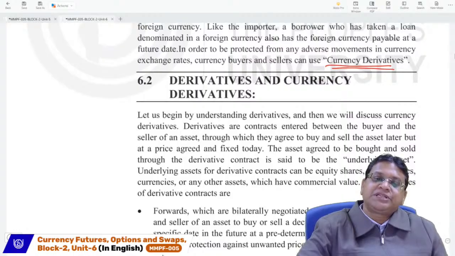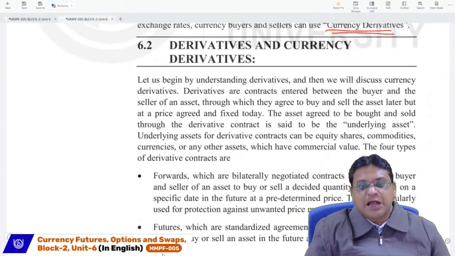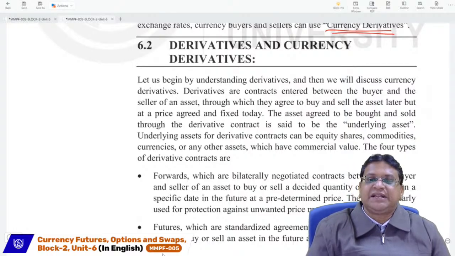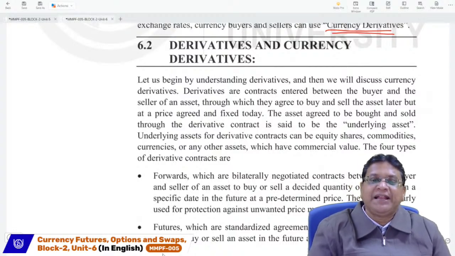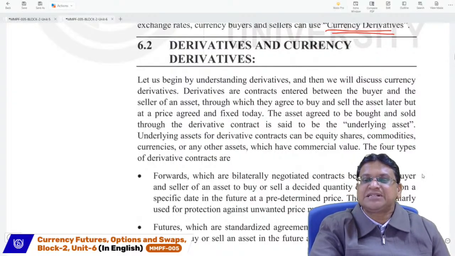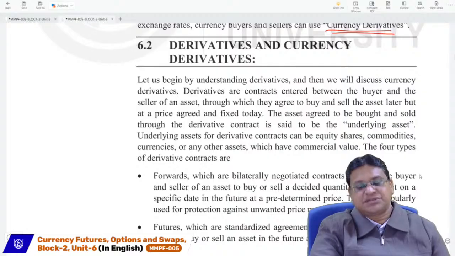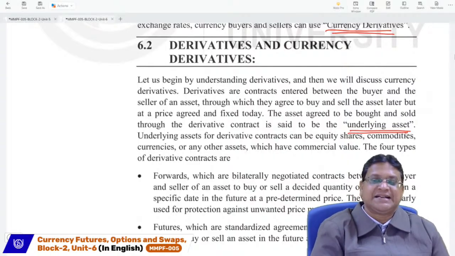Before discussing currency derivatives, let me first explain what a derivative contract is. Derivatives are financial contracts, agreements between buyers and sellers. Derivative instruments do not have any independent value. They derive their value from the value of the underlying asset.